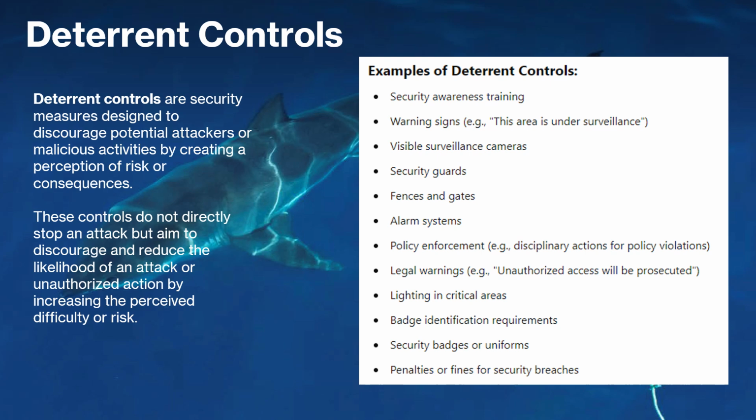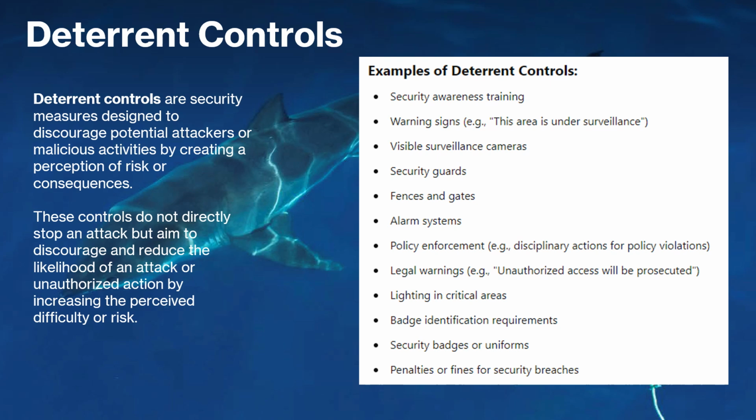Examples of deterrent controls, we could mention security awareness training, warning signs like, this area is under surveillance, just like saying, hey, there are sharks on this beach. Visible surveillance cameras, security guards, fences and gates, alarm systems, policy enforcement, like disciplinary actions for policy violations, legal warnings.